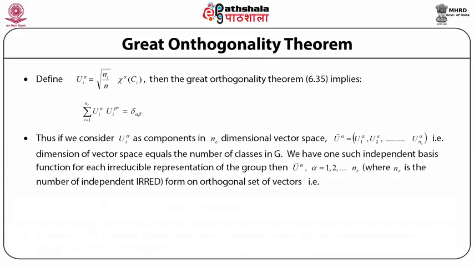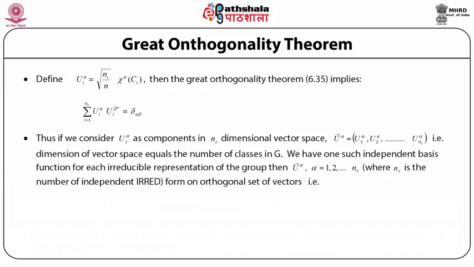Thus, if we consider u_i alpha as components in an Nc dimensional vector space, then the vector u alpha has the components u alpha 1, u alpha 2, up to u alpha Nc. That is, the dimension of the vector space equals the number of classes in the group G. We have one such independent vector for each irreducible representation of the group.